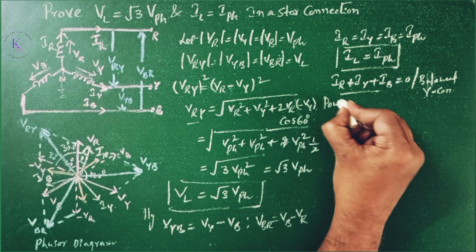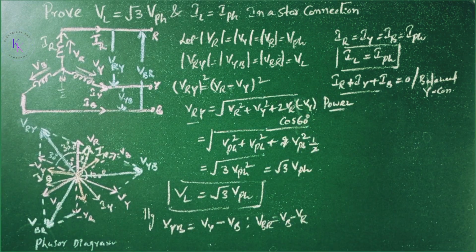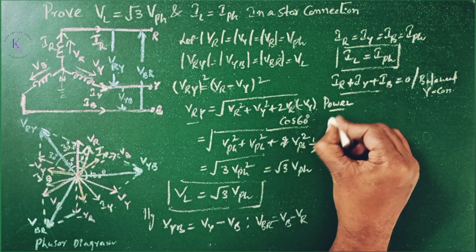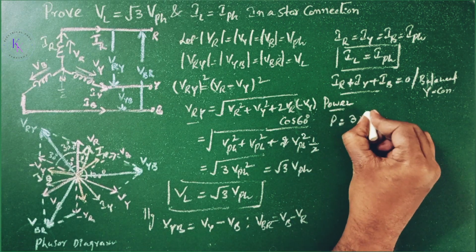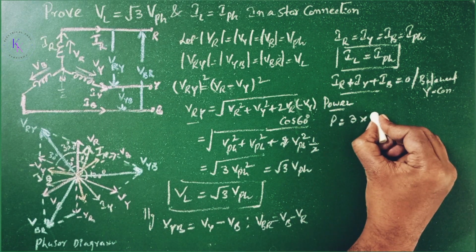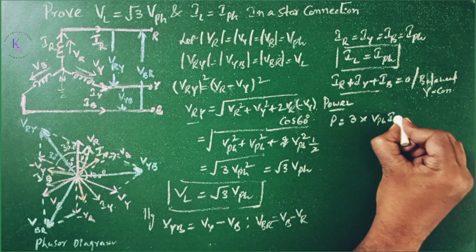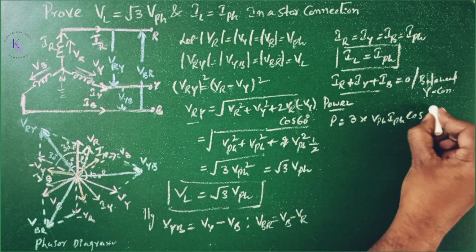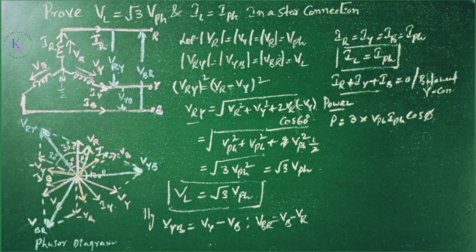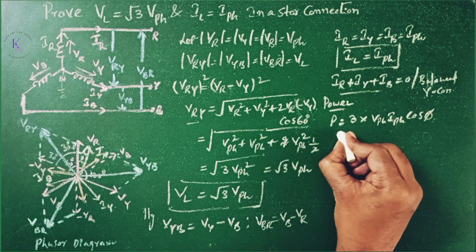The power in a star connection: the total active power, or the real power, in a circuit is the sum of the individual phase powers. So the total power P equals 3 times the individual phase power, that is VPH IPH cos phi, where phi is the angle between phase voltage and phase current.